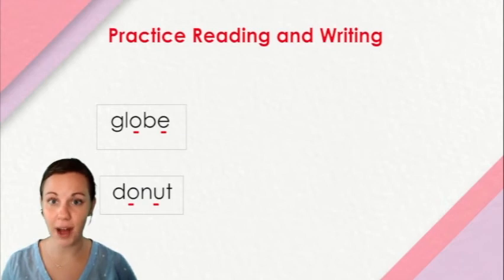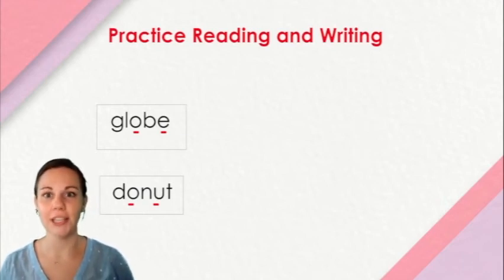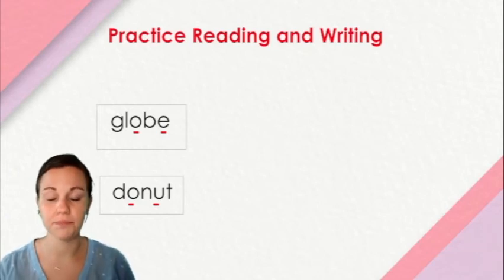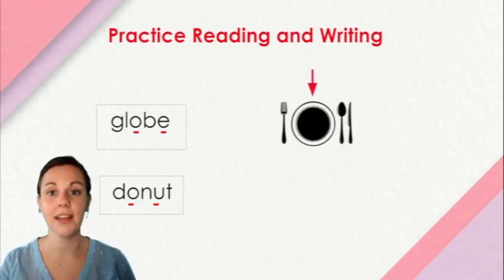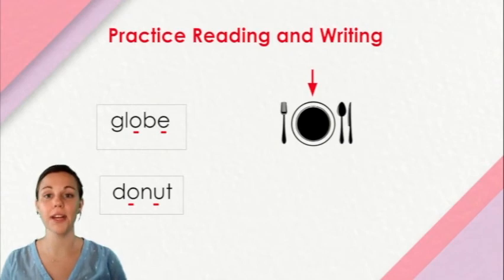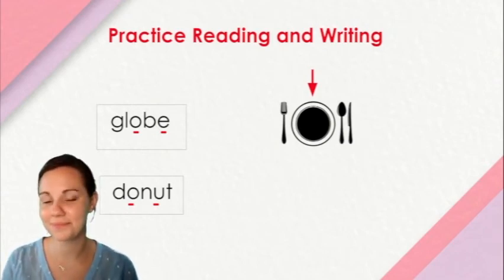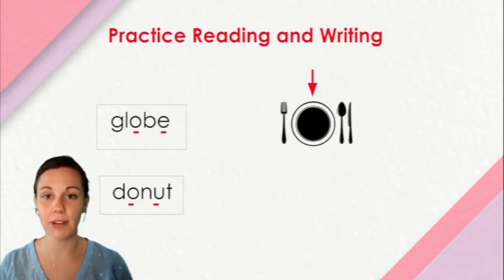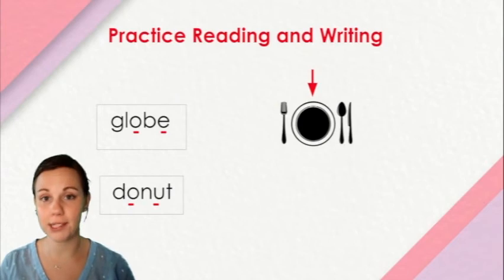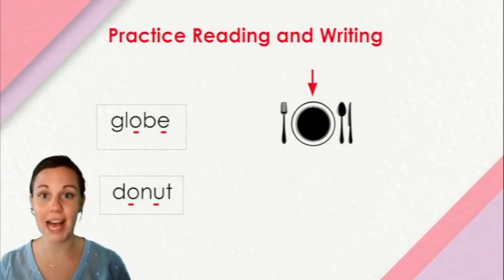These next two, I'll display an image, and your job will be to spell that word on your paper. Here we have the word plate. Say it. Go ahead and write the word plate. Use what you know about syllable types and vowel sounds to help you.